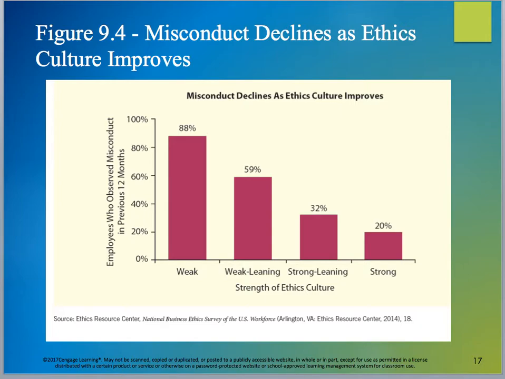As that percentage of misconduct drops, your strength increases. When you see you're at 20% of misconduct reports, you then see a stronger culture. So you can see visually how that plays in.